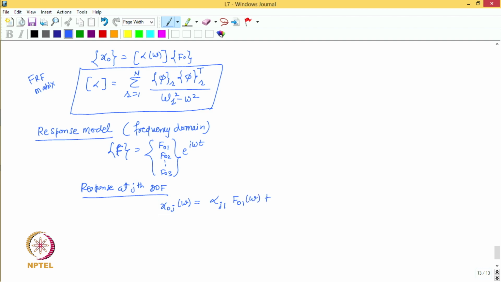Then there is also the response due to the force at the second degree of freedom, obtained by multiplying the FRF at the jth degree of freedom due to the force at the second degree of freedom by the amplitude of that force, plus in this way I need to add the response due to forces acting at other DOFs also.